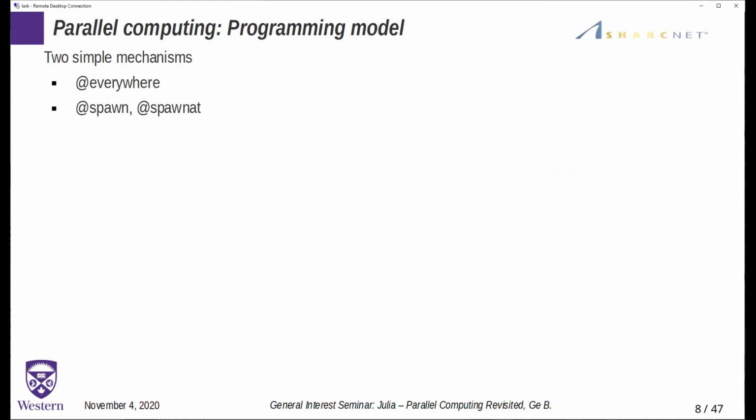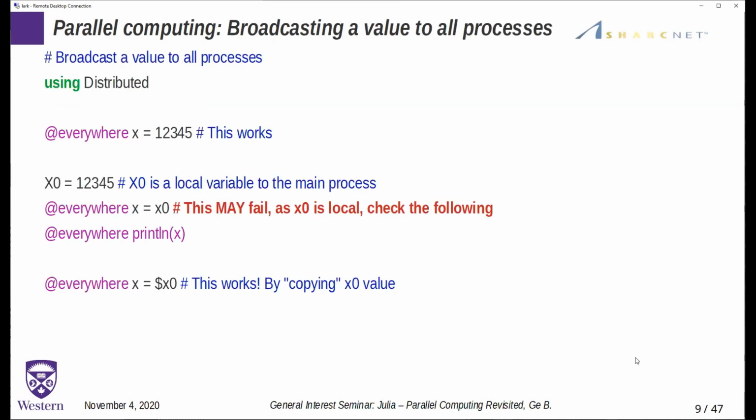So with distributed computing, there are two simple mechanisms one can use. One would use two macros: one is @everywhere, and the other is @spawn and @spawnat. Let's take a look at the example here.